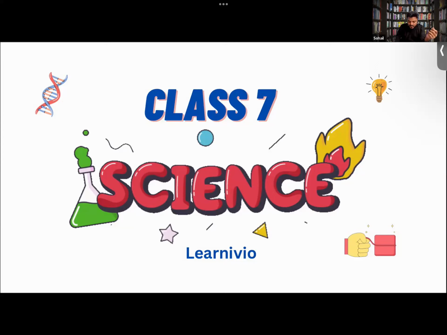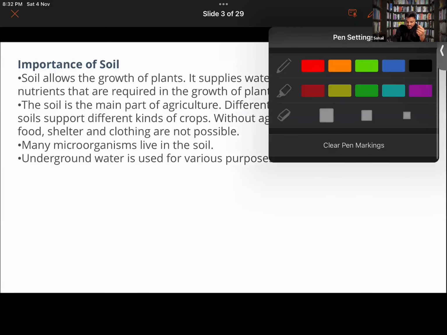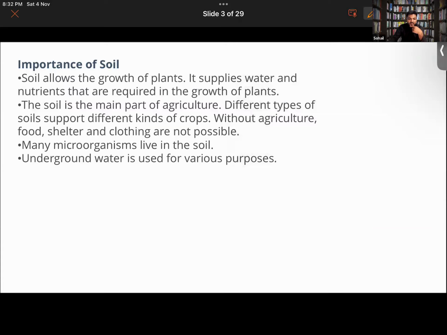So let's continue our discussion regarding soil. We talked about several things in the previous chapter, like what is soil and how soil is formed. In the last discussion we were talking about the two types of weathering, the physical weathering and the chemical weathering.